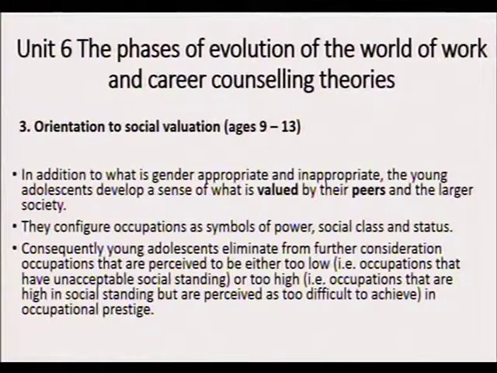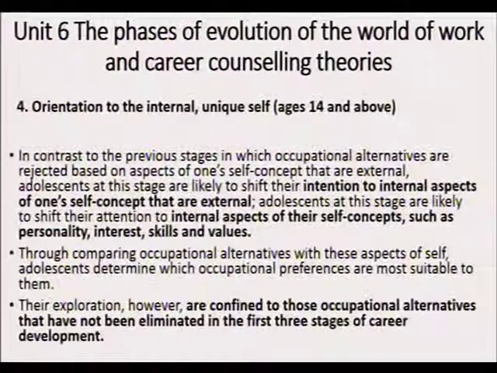Consequently, young adolescents eliminate from further consideration occupations that they perceive to be either low, in other words, occupations that have unacceptable social standards, or low in occupational prestige. So here, maybe a doctor and a cleaner will be separated. They will rather be a doctor than a cleaner, because the social status will be more important.